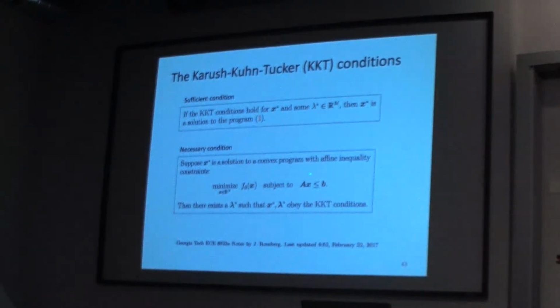If your constraint functions can be written as an equality in this way, Ax minus b equals 0, you can see this is essentially a linear function, just a vectorized form of linear functions. And then KKT conditions are both sufficient and necessary conditions to justify the optimal value of your objective.